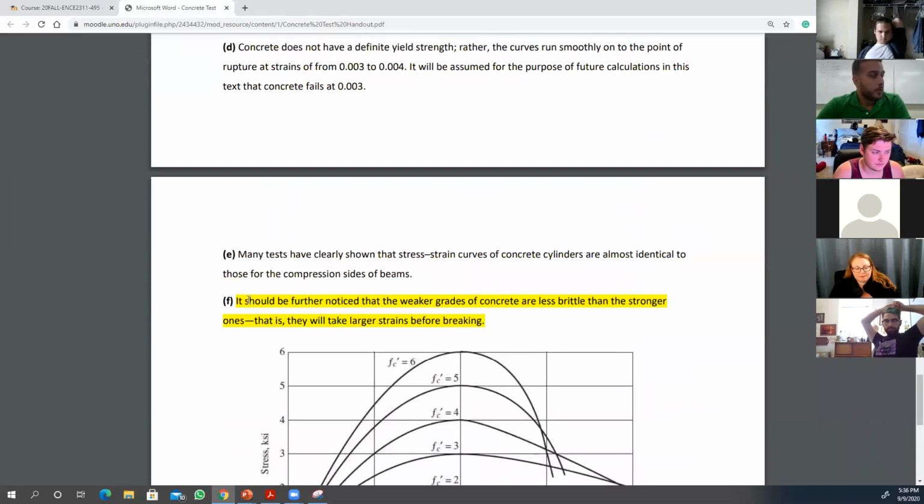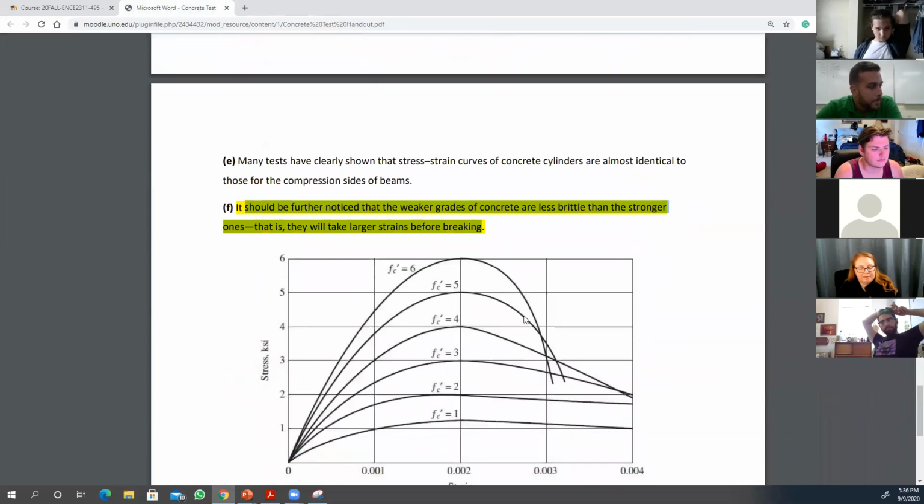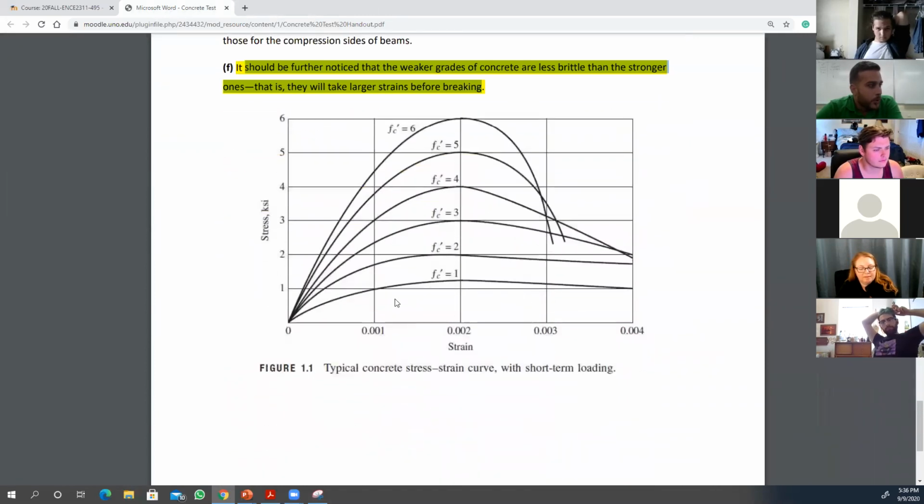Oh, this is also important. It should be further noticed that weaker grades of concrete are less brittle than stronger ones. That is, they will take larger strains before breaking. So let's say f'c, which is the concrete compressive strength, in KSI here. This is the graph that you're supposed to have at the end of your report.